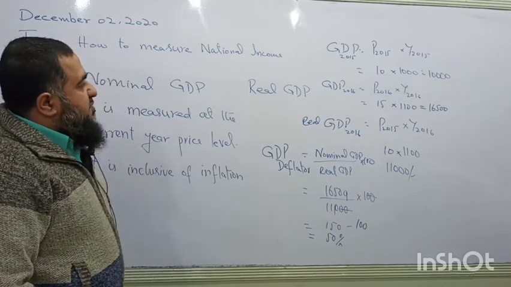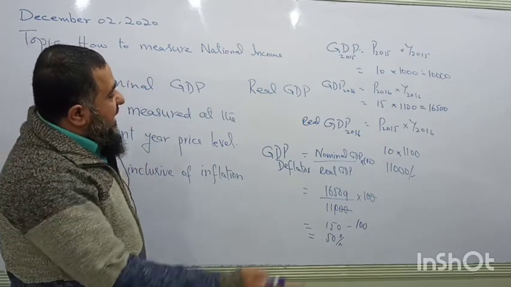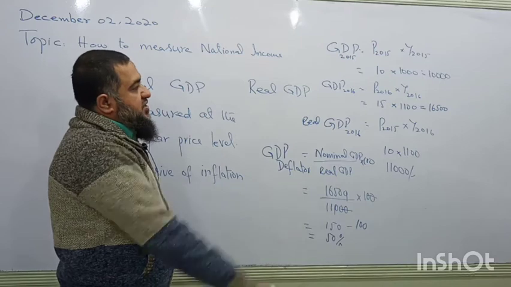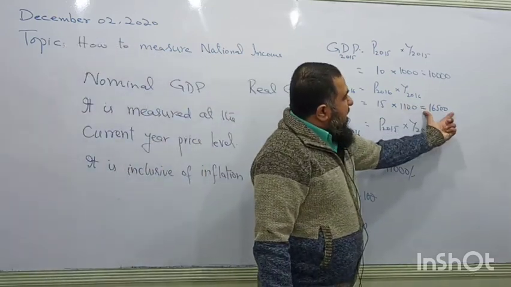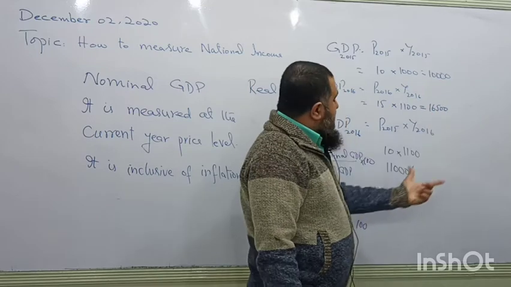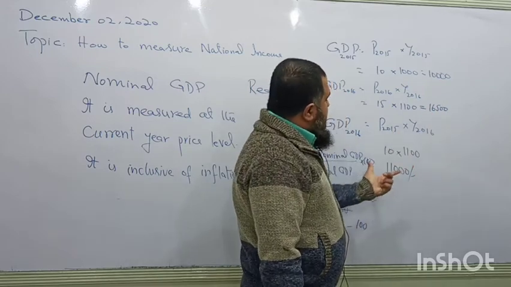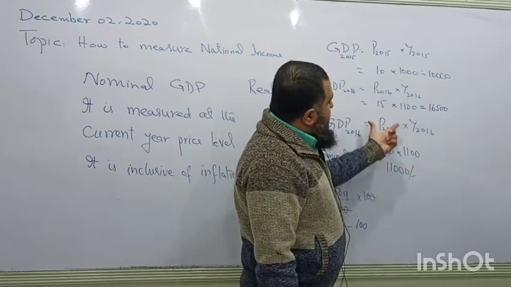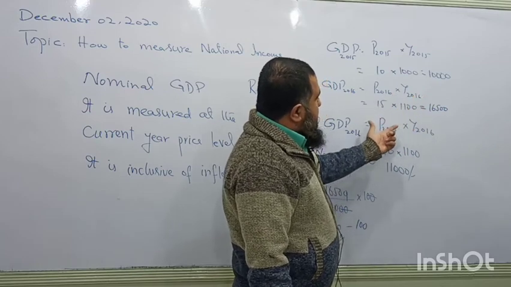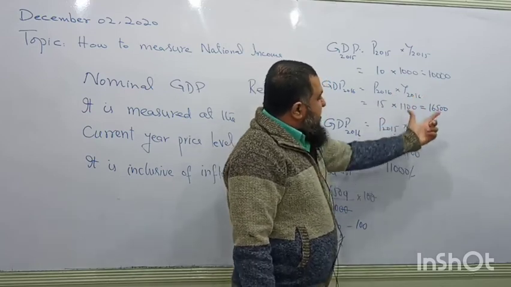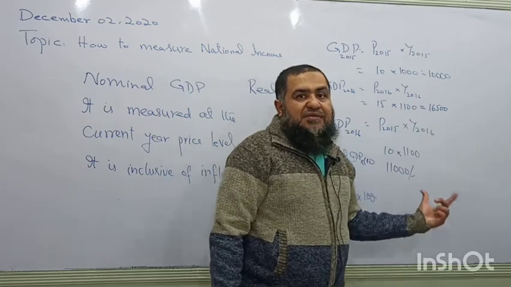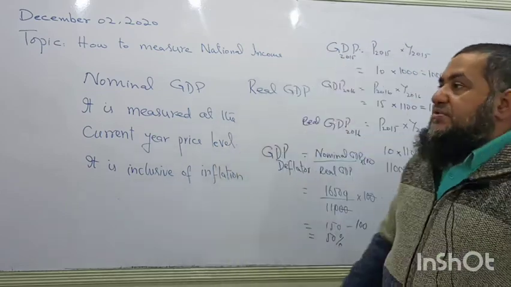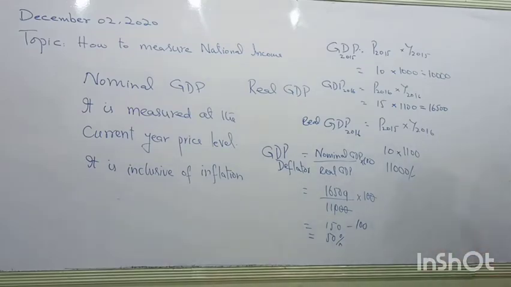Prices they have increased by 50%. So that has caused deflation. The value of GDP in nominal terms that was 16,500, but when we have measured it in terms of constant prices, its value has been deflated in real terms to 11,000 because now its value is exclusive of inflation.